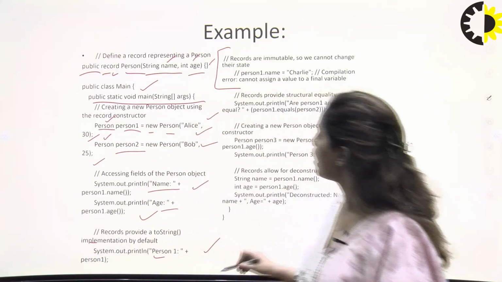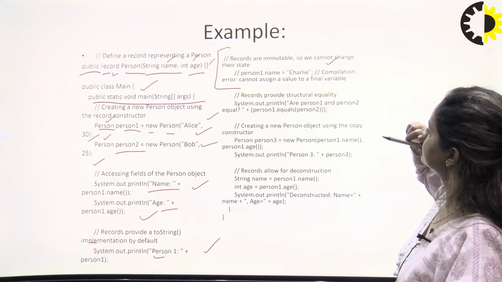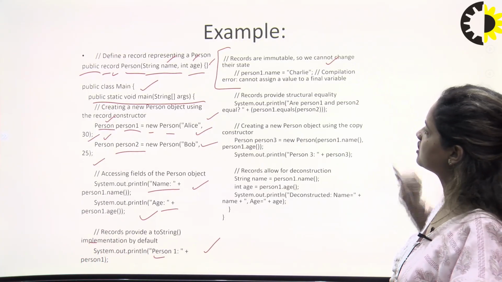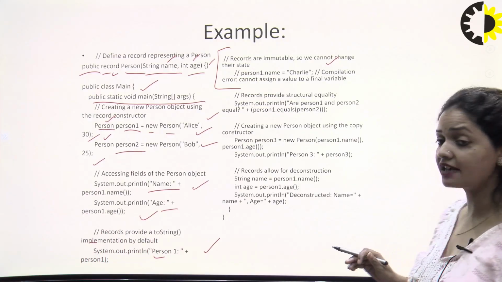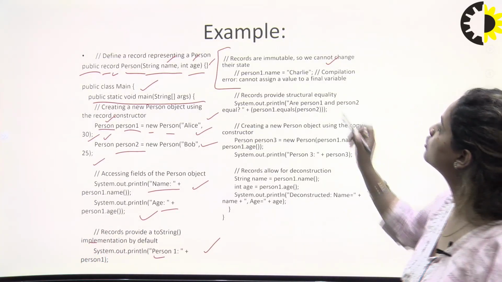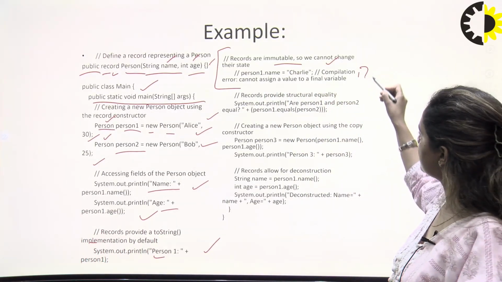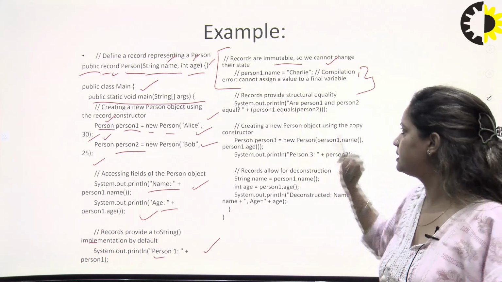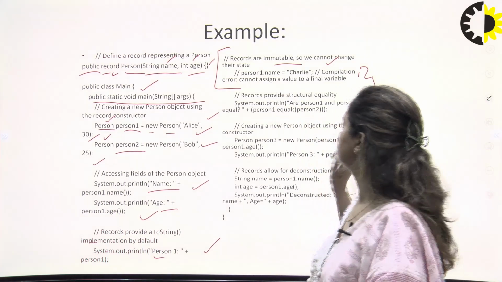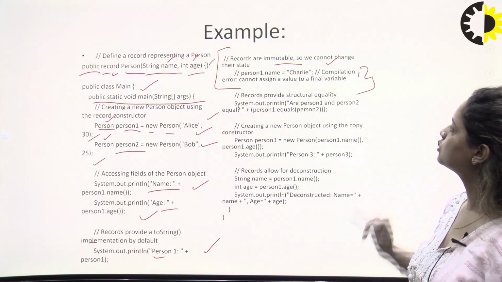Now after printing it, I want to change it to Charlie and want to make a modification to this particular record. That is not possible in a record once the value is assigned. Why? Because they are immutable in nature. So if I write the statement person1.name equals Charlie and remove these comments, a compilation error will occur in this code, saying that we cannot assign a value to a final variable.